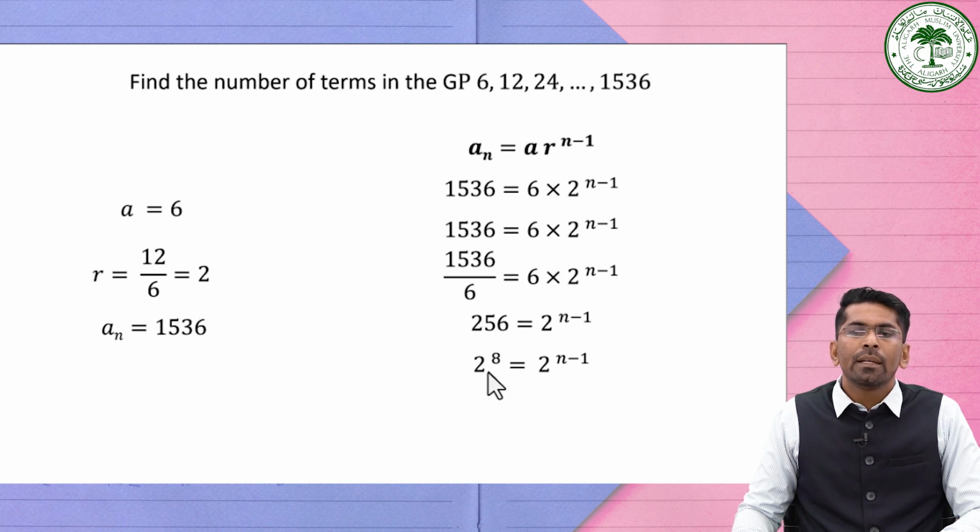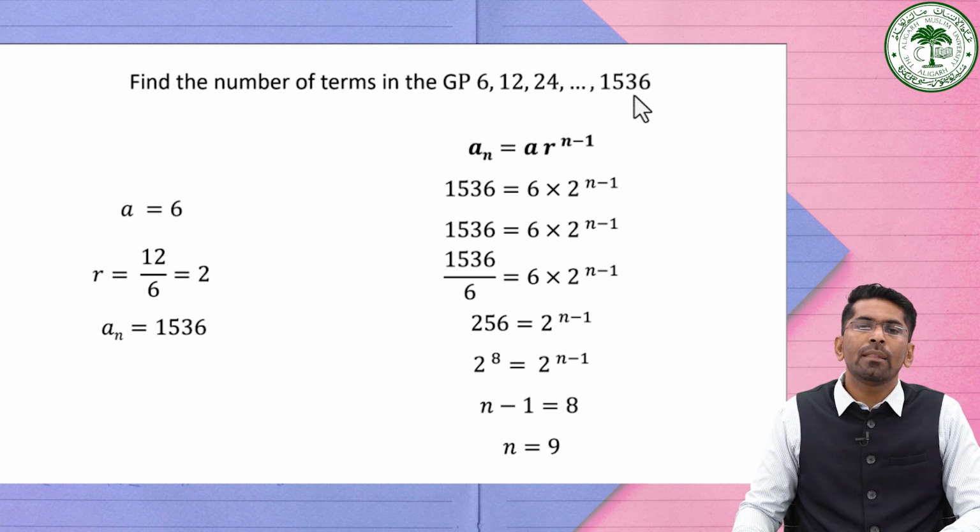Since the bases are the same here, the exponents must be equal. We can equate the exponents. So 8 is equal to n minus 1. Then what is n? n is equal to 9, that is 8 plus 1, which is equal to 9. So 1536 is nothing but the 9th term of this geometric progression.